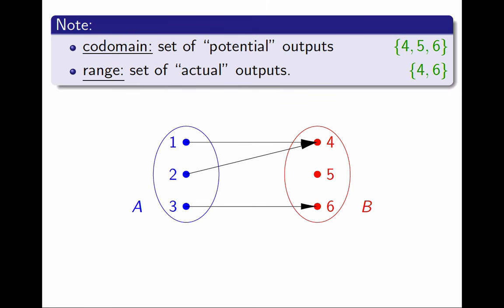The codomain is a set we determine beforehand from which we are allowed to choose outputs, and then, once we define the rule, we find we are only using some of the outputs, and those form the range. Notice that to define a function, I only need to give the domain, the codomain, and the rule. I do not need to explain what the range is. The range can be calculated from the rest of the information.